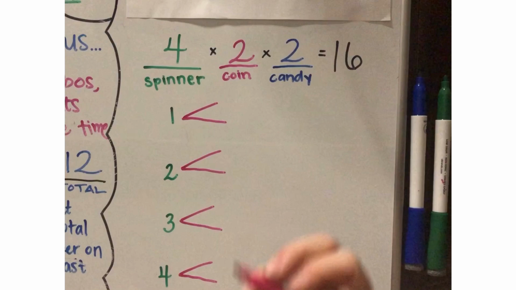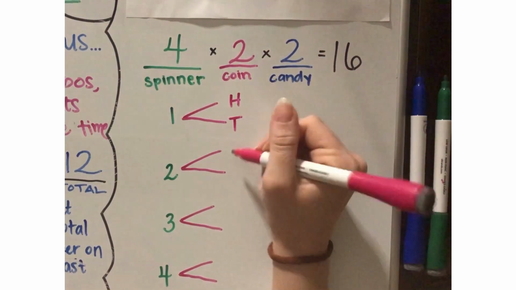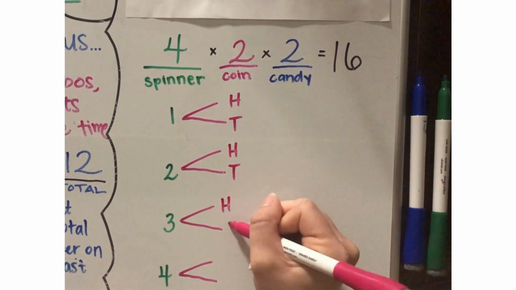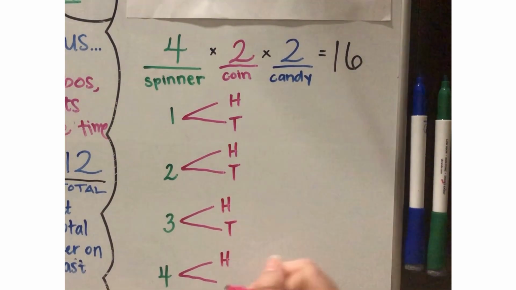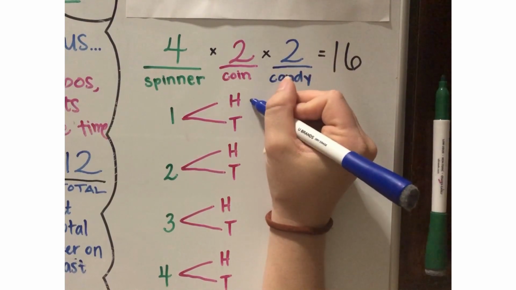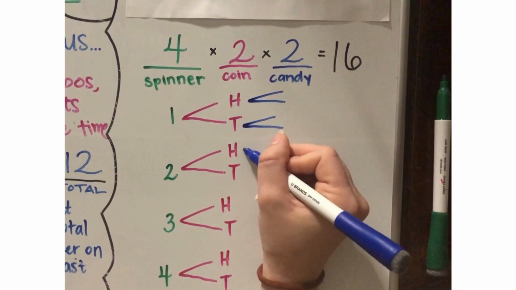And when we flip a coin, we could either get heads or tails. So those are the options we're gonna write on each set of our branches. Now moving into our candy, we had 2 options. So again, we're gonna do 2 branches off each letter.